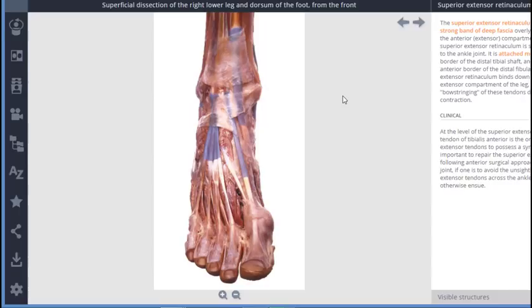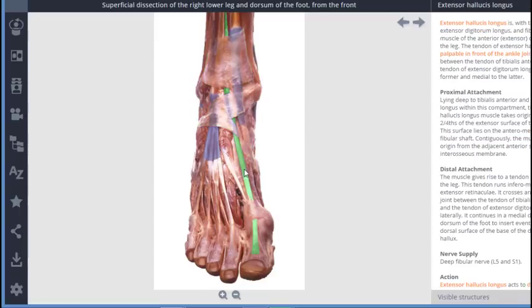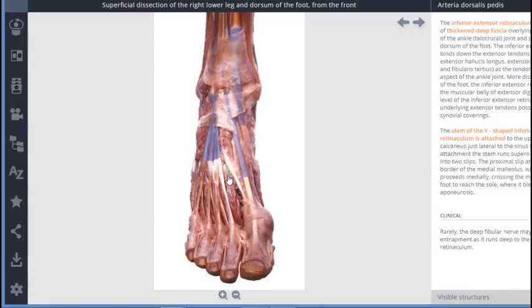Superficial dissection of the right lower leg and the dorsum of the foot. Superior extensor retinaculum, inferior extensor retinaculum, from medial to lateral, tibialis anterior, extensor hallucis longus, extensor digitorum longus, and here dorsalis pedis located between the tendon of extensor hallucis longus and the tendon of extensor digitorum longus of the second toe.